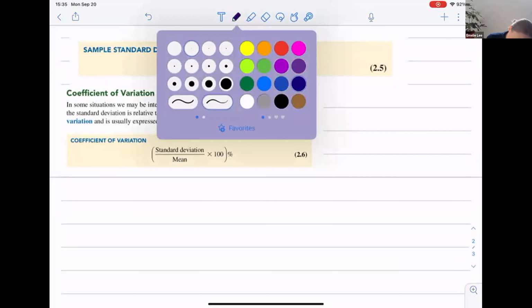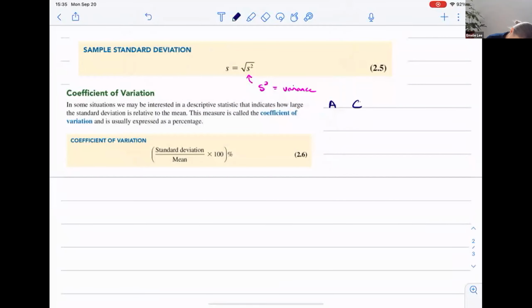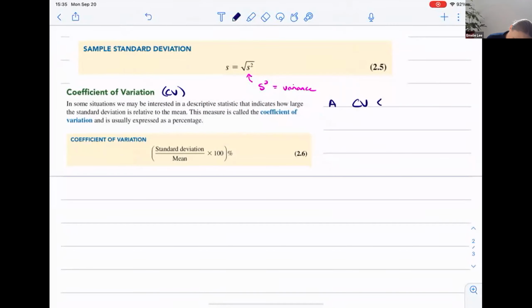So a CV, coefficient of variation, less than 1 usually indicates low variability. And then as it increases, it's just a measure of how variable your data is.